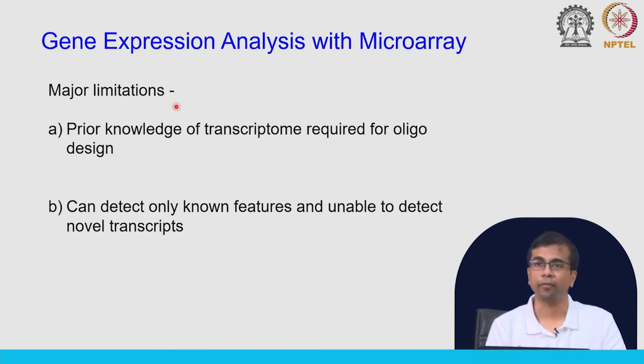In that case, we will not be able to identify that novel transcript in microarray experiments. The other limitation, of course, is that transcript sequences are different from one organism to another, and there are different genes in different organisms. So, you have to have organism-specific microarray chips.